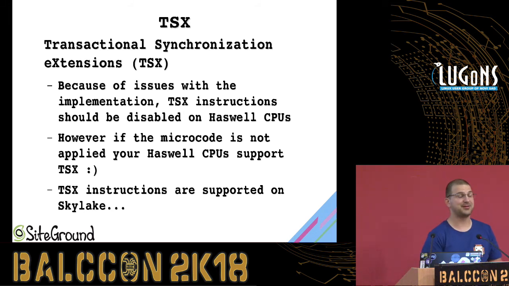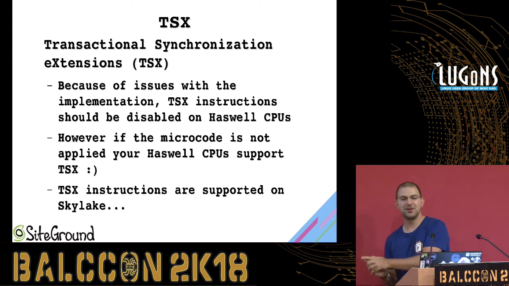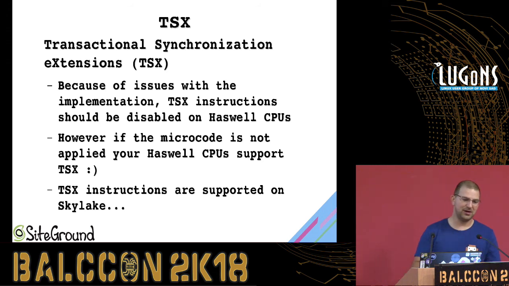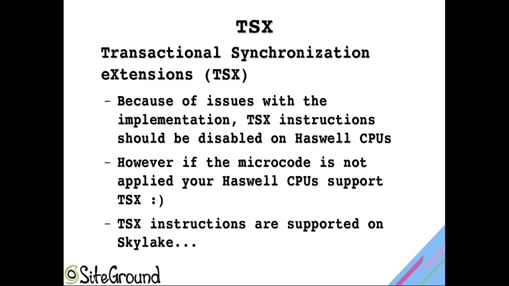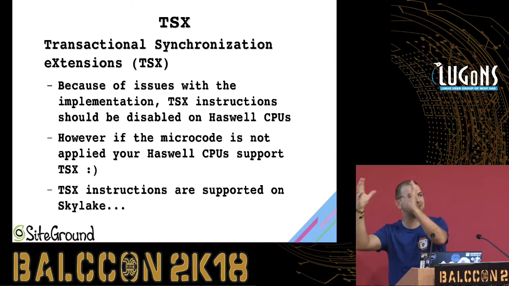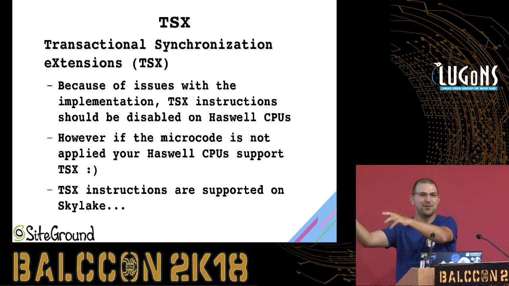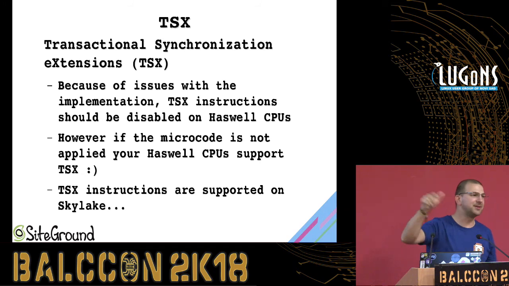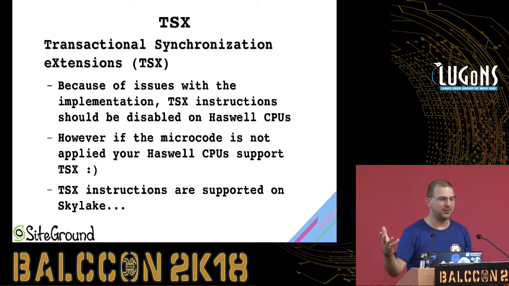So if you have newer CPUs, you have these instructions, and somebody could use them, instead of creating a process that will segfault. The parent can issue transactional instructions inside the CPU that would be mispredicted and removed from the CPU.